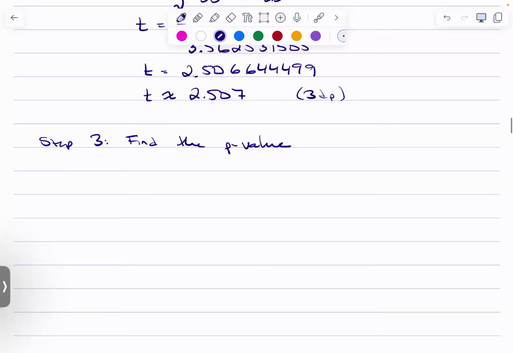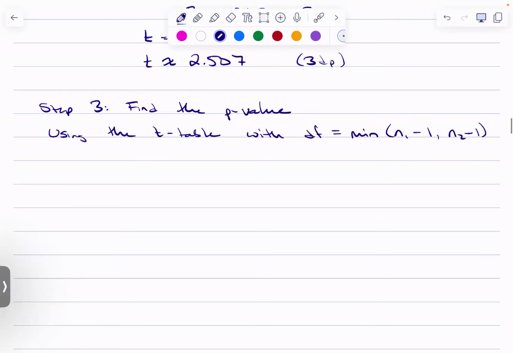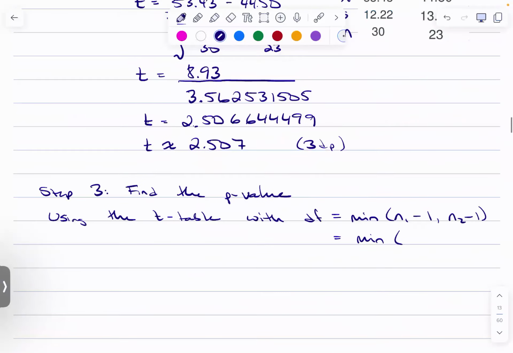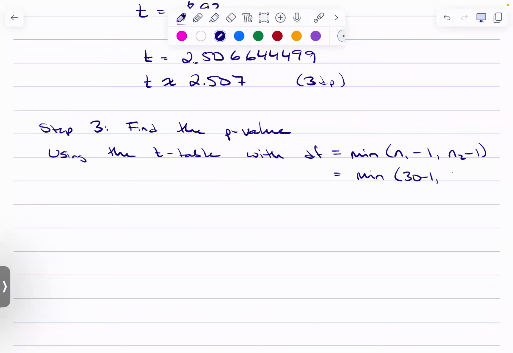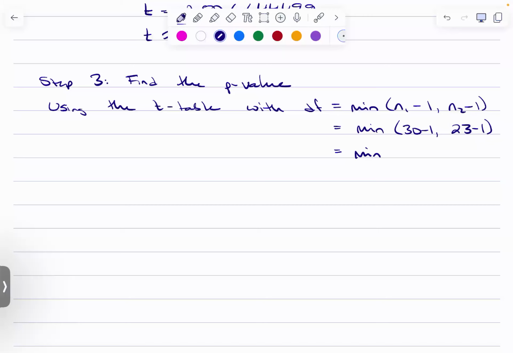First I write out, using the t-table, degrees of freedom equal to the minimum of n1 minus 1 or n2 minus 1, which is the minimum of 30 minus 1 or 23 minus 1, which is the minimum of 29 or 22.